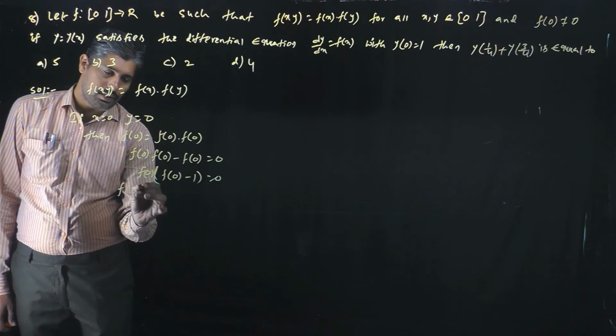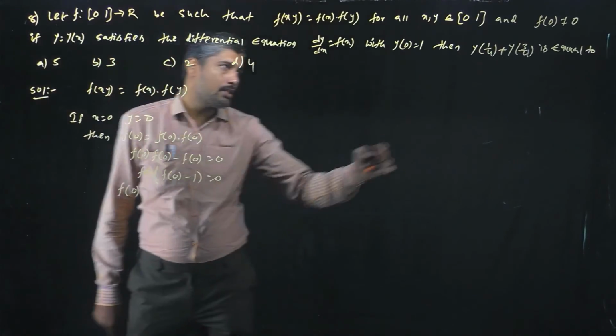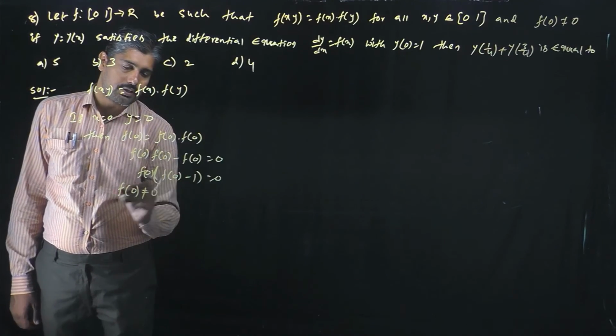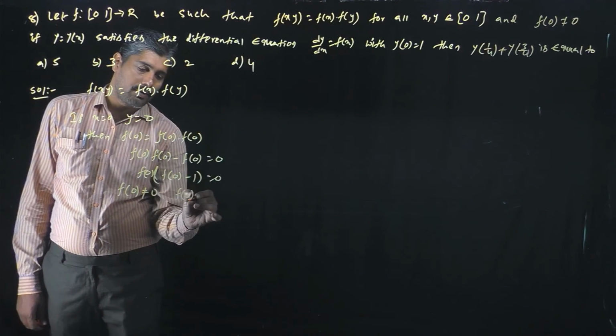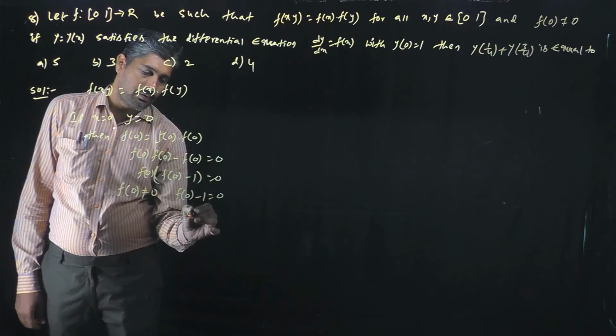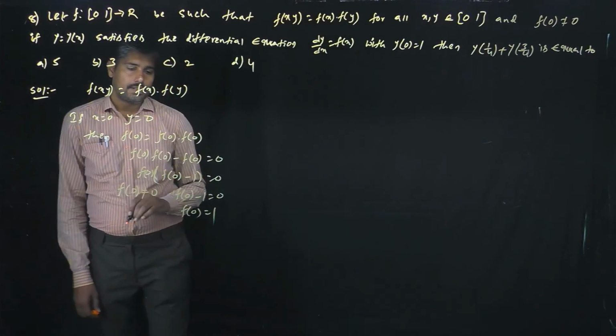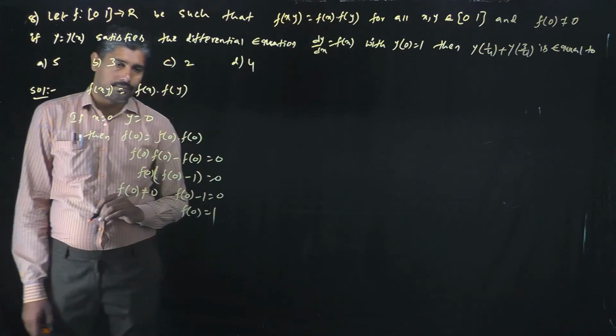Here f(0) = 0, but the given condition is f(0) is not equal to 0. That's why f(0) - 1 = 0, then f(0) = 1. We get f(0) = 1.